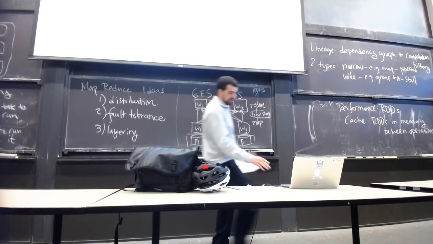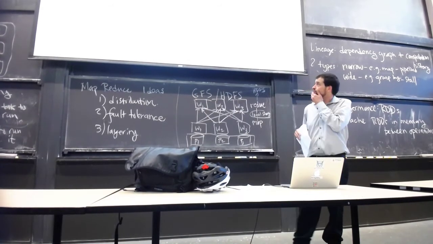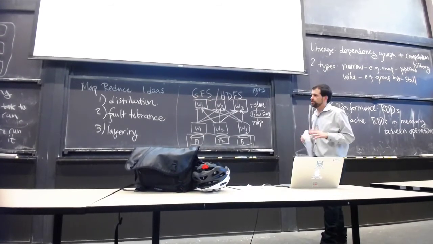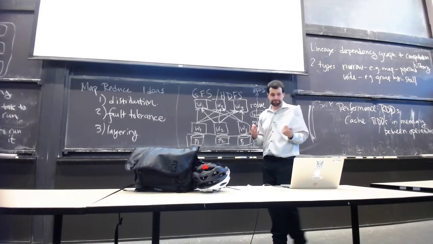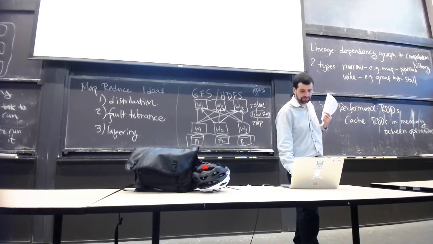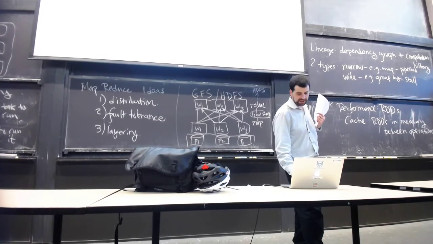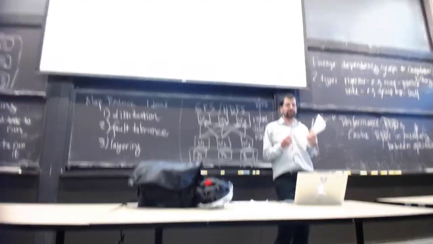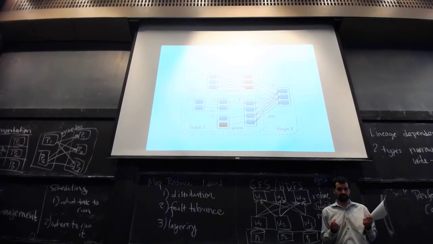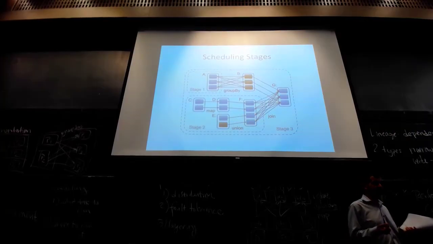So first of all, the things that need to be run, this is an example from the paper. What they're trying to show is that black things are cached in memory, and blue things are not currently cached or available in memory. We have this collection of partitions.